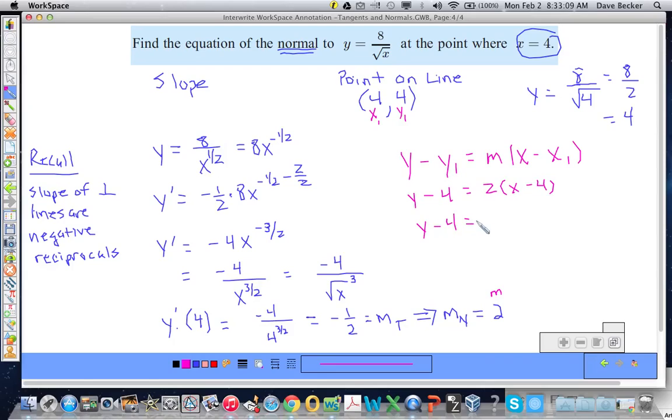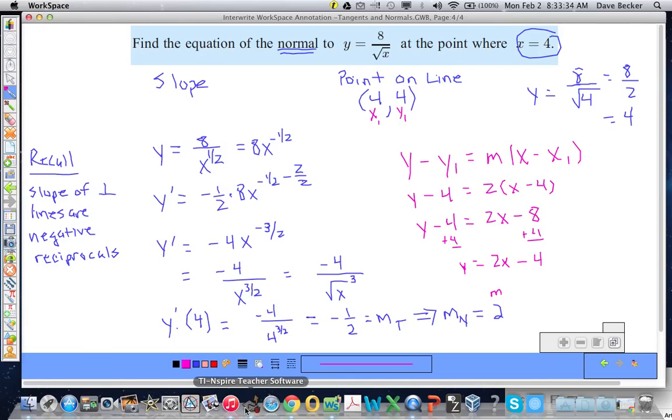So y minus 4 equals 2x minus 8, distributing the 2 through. I add 4 to both sides, and I get y equals 2x minus 4. Okay, so let's take a look and make sure that that is correct, or at least it looks like it.